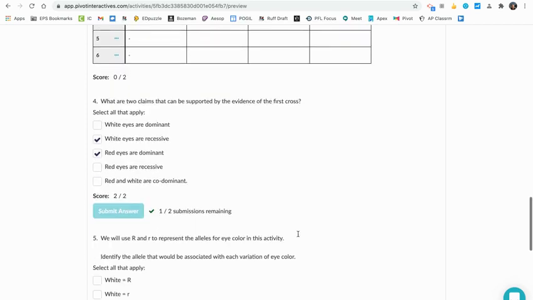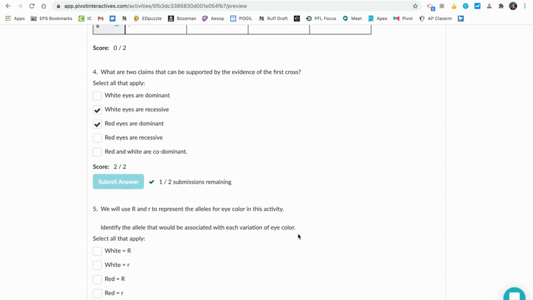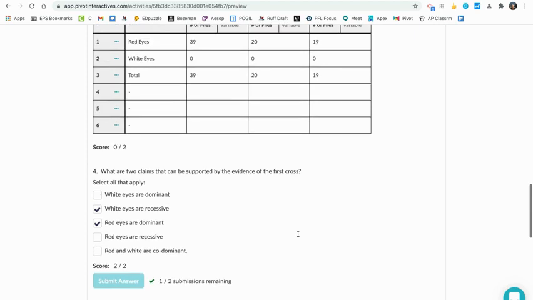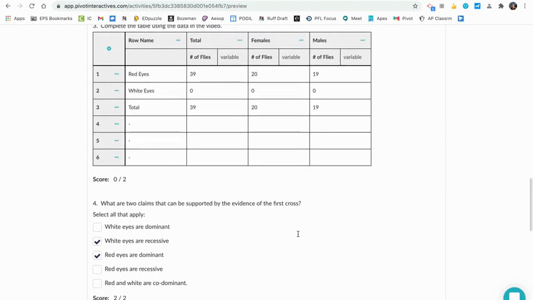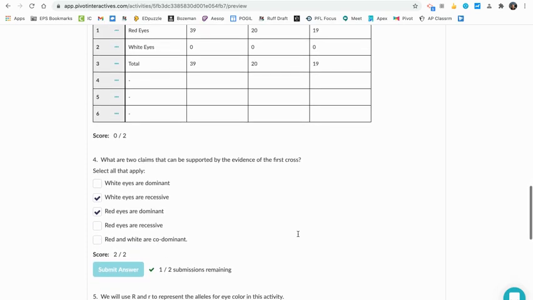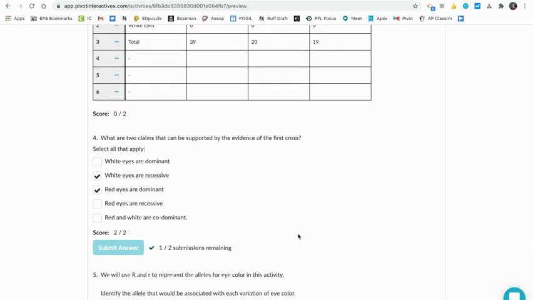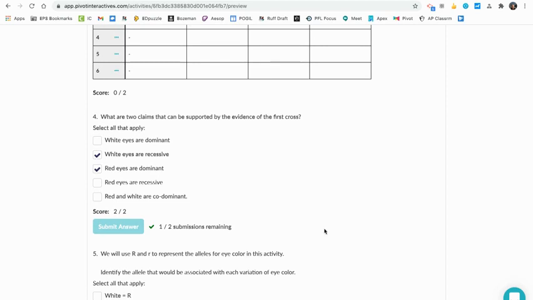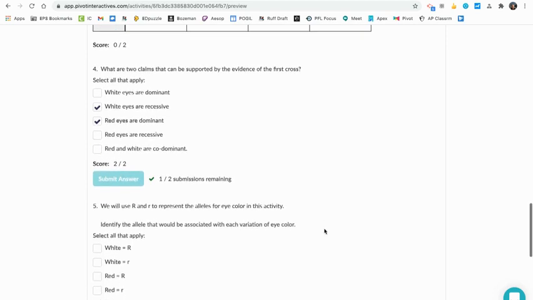Would that mean we don't know yet if the female is heterozygous? Probably she was homozygous, or else you'd have seen some white-eyed. But we're not to that yet.